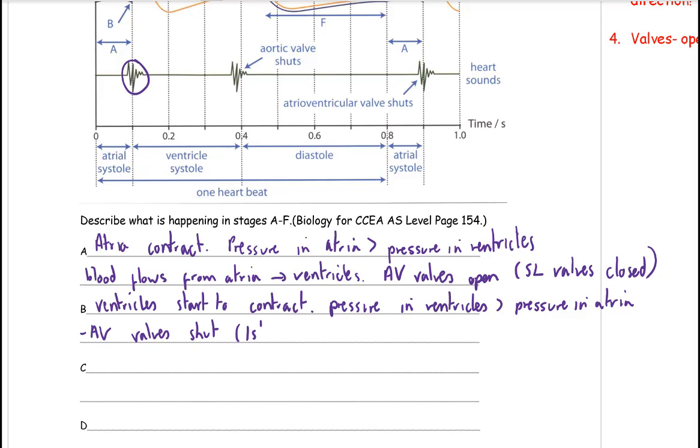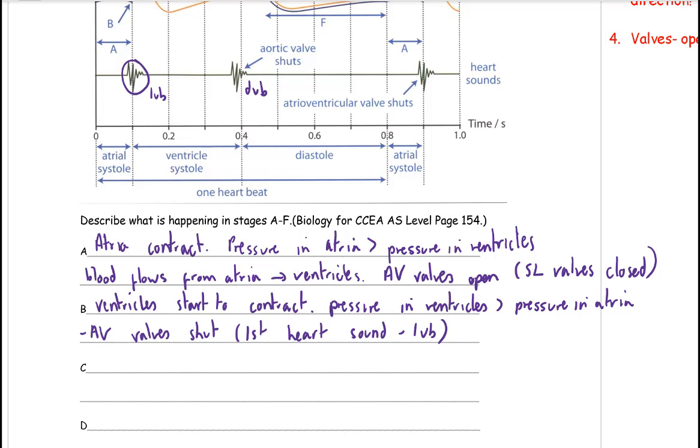And that is the first heart sound, the lub. Because when you're describing the heart sounds, it's lub dub, and lub is the first one. This one here is the dub. Lub dub.